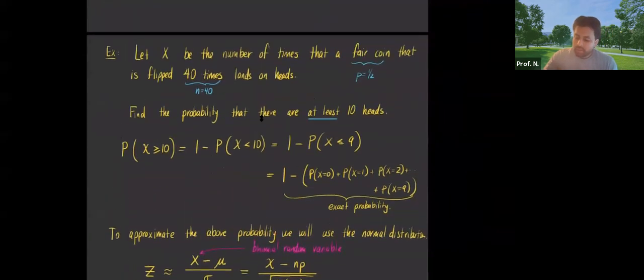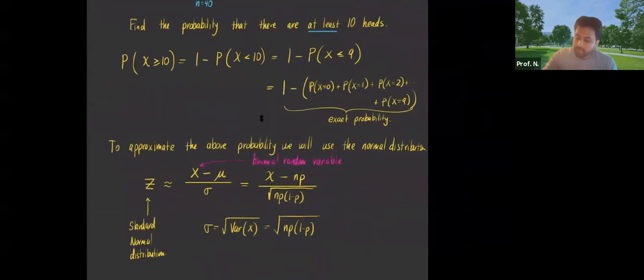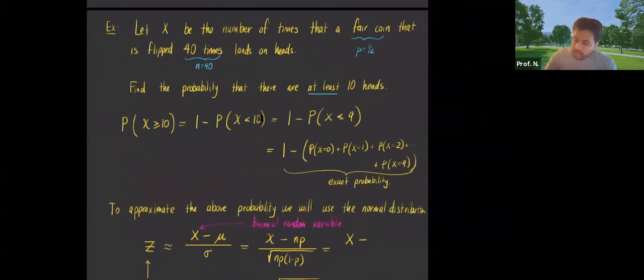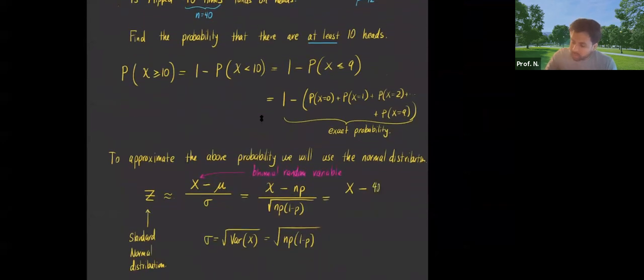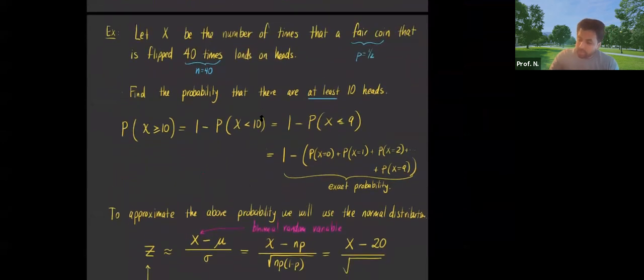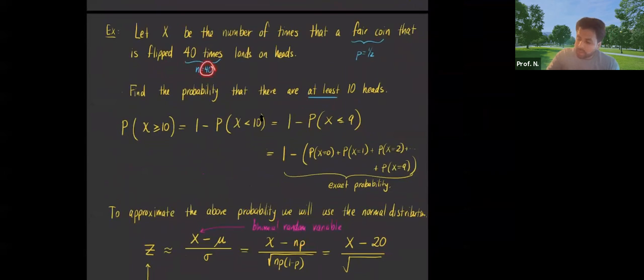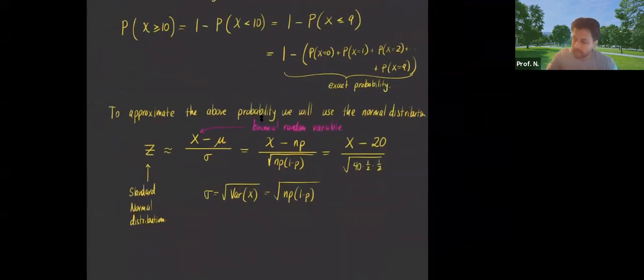What's the expected value? We should know that. We should be able to compute that. n is what? n is 40. 40 times a half, which is 20. So x minus 20, right? And then we're going to divide that by the square root of, well, what is 40 times a half times 1 minus p, which is also a half? So it's 40 times a half times a half. 40 times a half is 10.